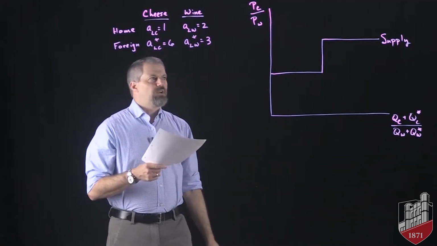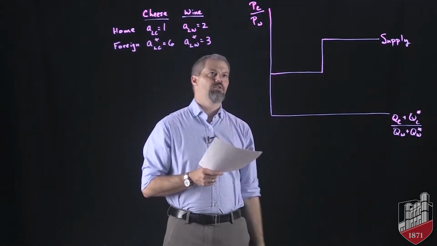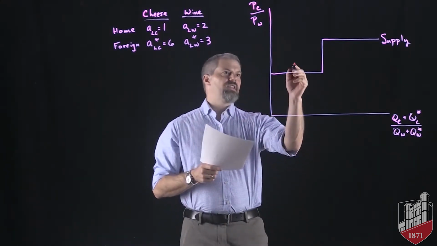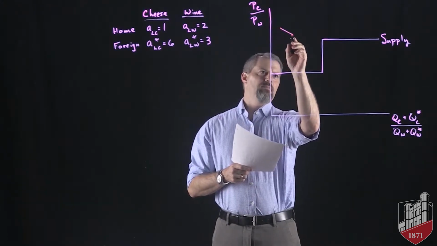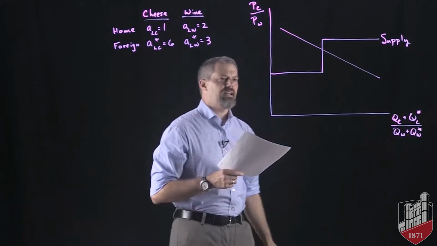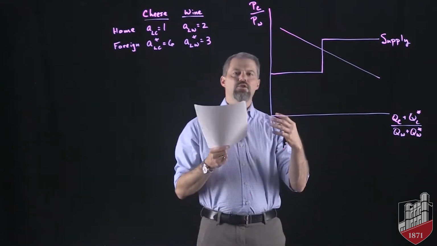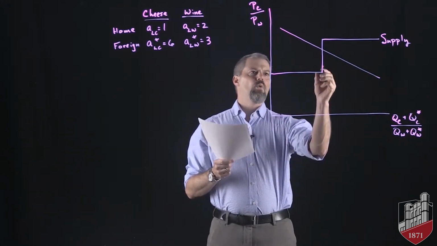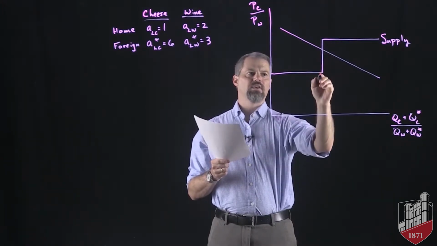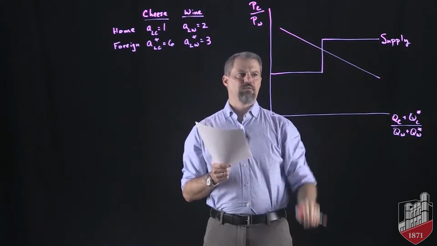All right, let's think about our relative demand curve just a little bit more. So I've got a picture here where I've drawn my relative supply curve. If we were to think about a relative demand curve that came down and intersected that relative supply curve at some point inside this vertical segment, then, as I said a little bit ago, we've got the normal example where the world relative price would fall in between the slopes of the production possibilities frontier for home and for foreign.